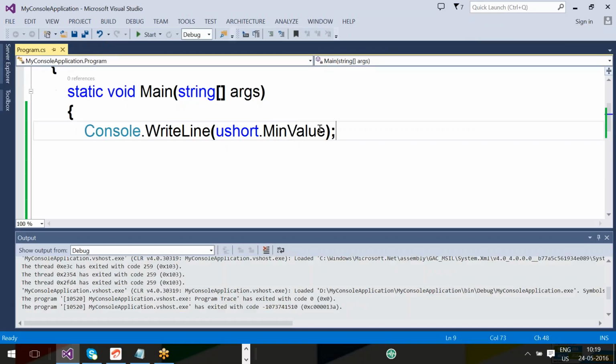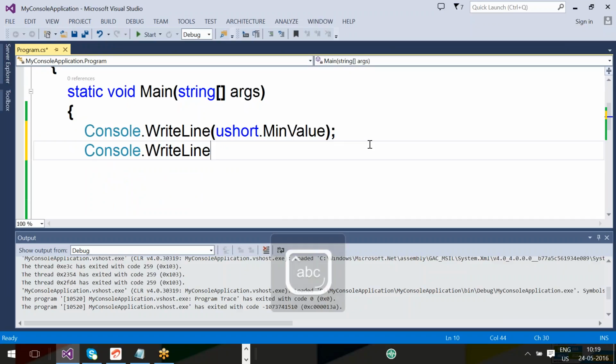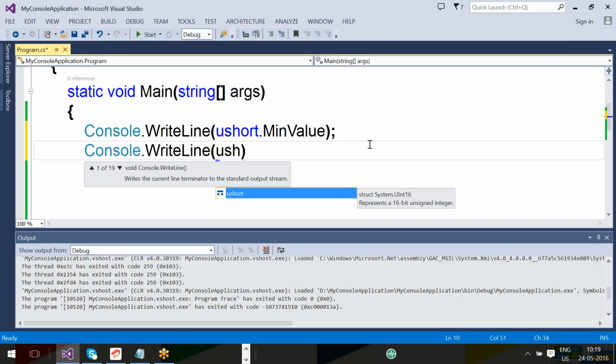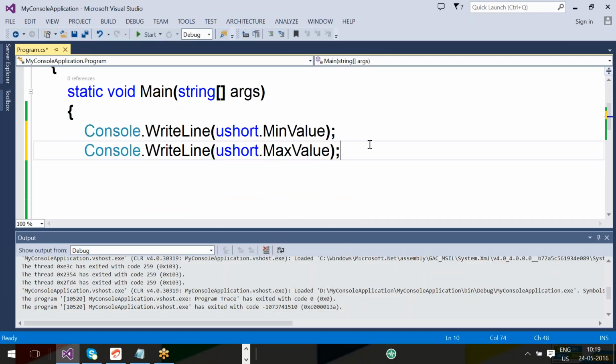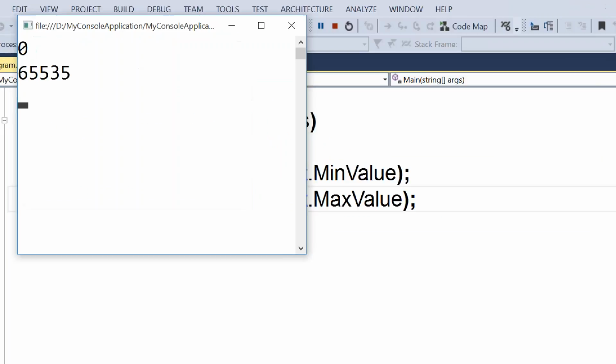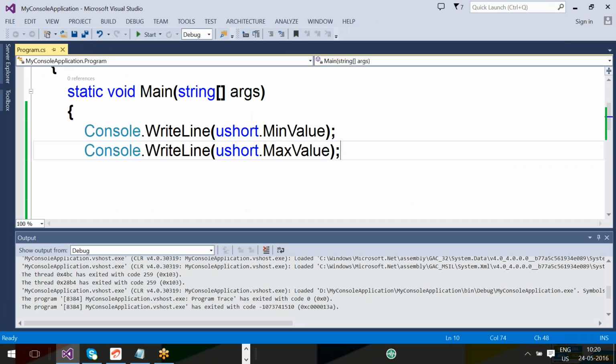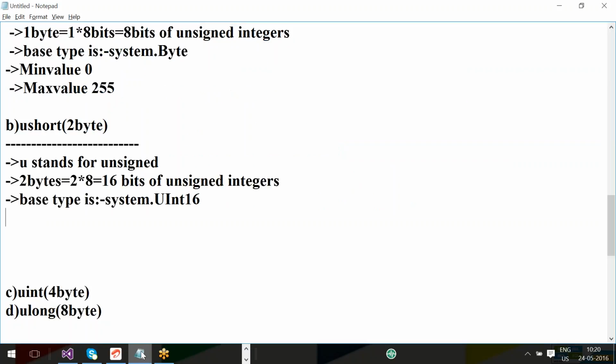Very good. Now Console.WriteLine(ushort.MaxValue). 65,535 is the max.